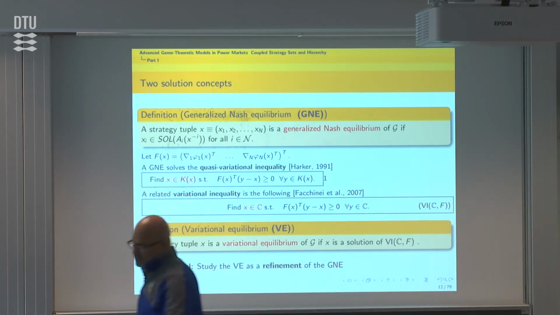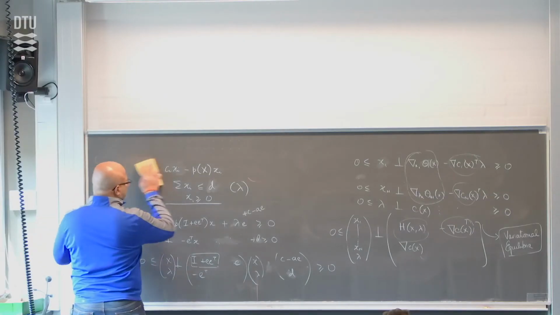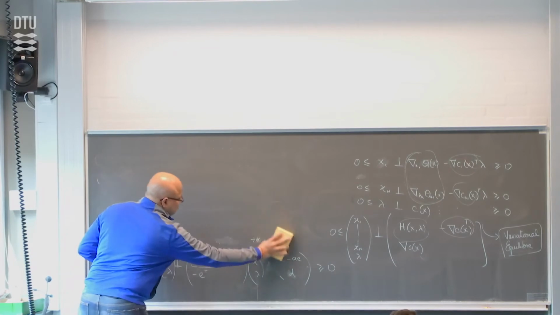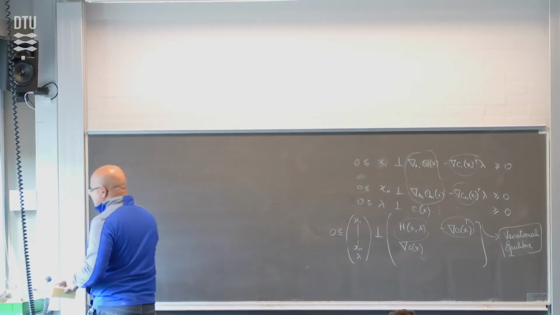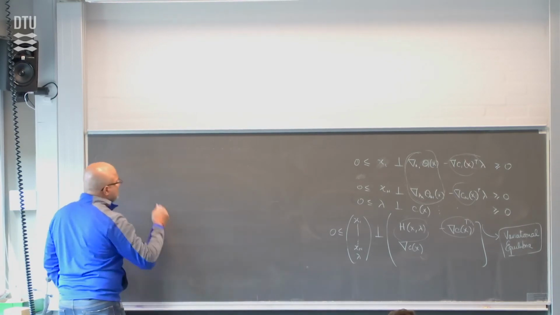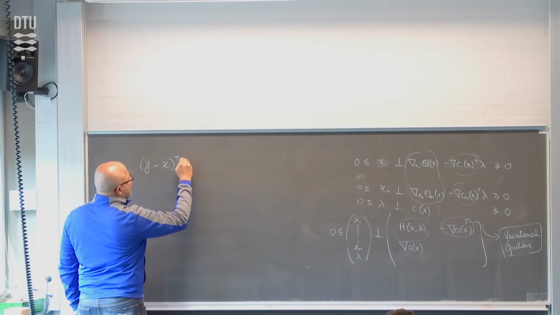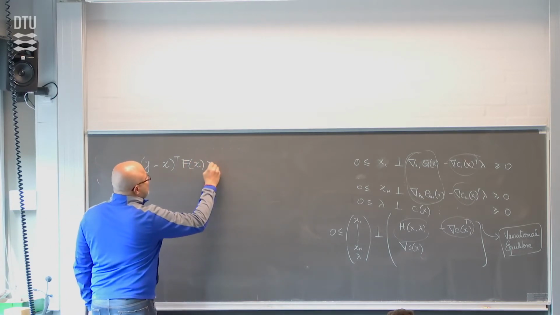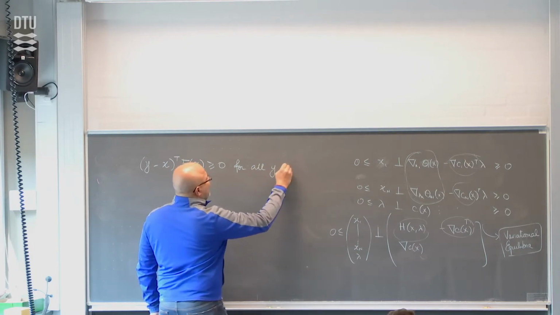Okay, so here's what we've tried to state. We have a shared constraint Nash game. An equilibrium corresponding to the shared constraint Nash game satisfies this QVI.